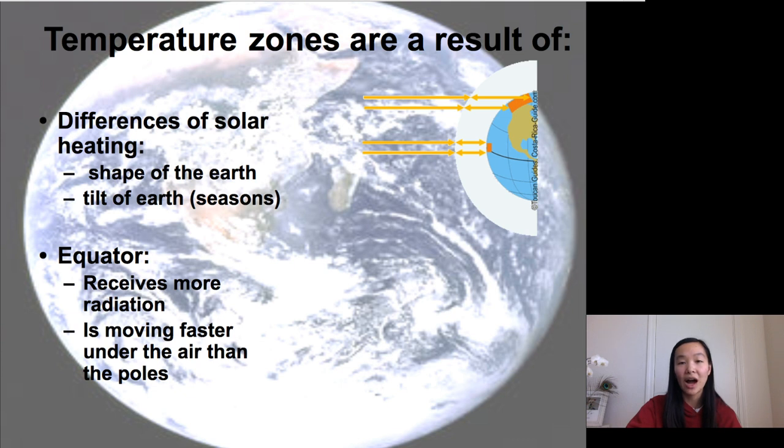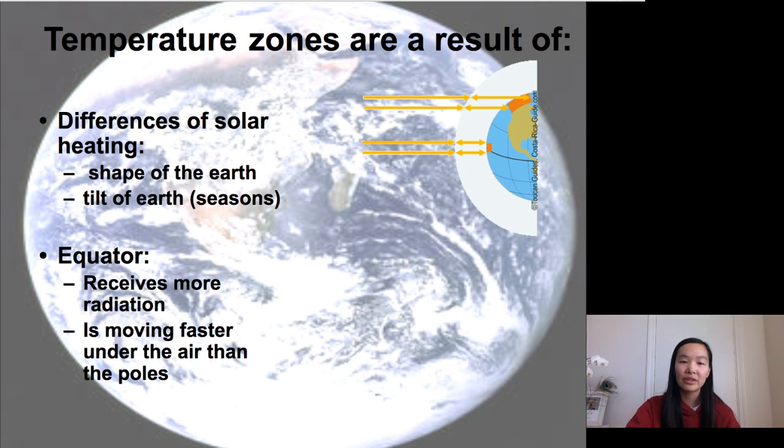Whereas if you go higher up the Earth towards higher latitudes, towards the North Pole, the Earth's surface is not directly facing the sun, and so the sunlight that is hitting that area gets spread out. The sun radiation gets distributed over a larger area of the Earth, and so this results in uneven heating along the surface of the Earth.